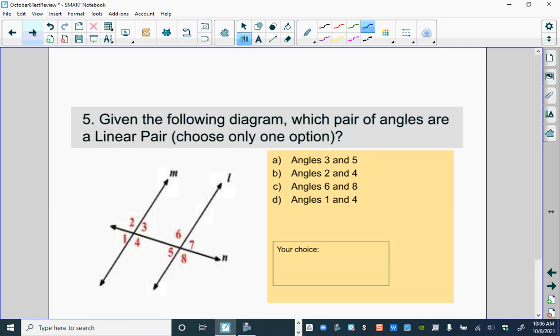Okay, number 5, linear pair. This is where quite a few of us made mistakes on our last quiz. Linear pair. What would work out of these 4?